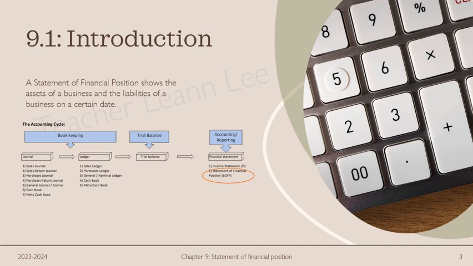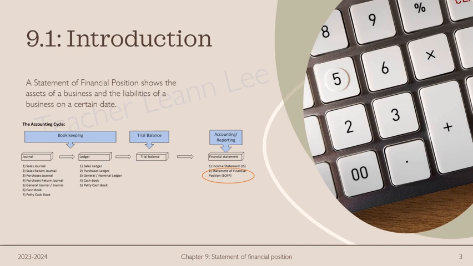And then we continue with the trial balance to check whether the information recorded in the journal and the ledger is correct. If everything is done, after checking for errors in the trial balance and everything is balanced, then we move the information from the trial balance into the accounting report, which we call the financial statement.